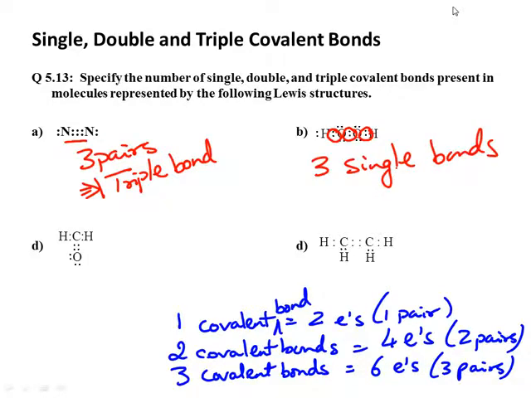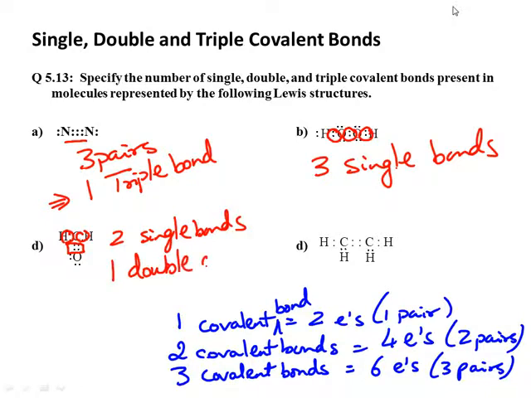That doesn't look very nice. Let me write it again. 1 triple bond. Okay, so now here's a single bond, but that is a double bond. So in this case, there are 2 single covalent bonds and 1 double covalent bond.